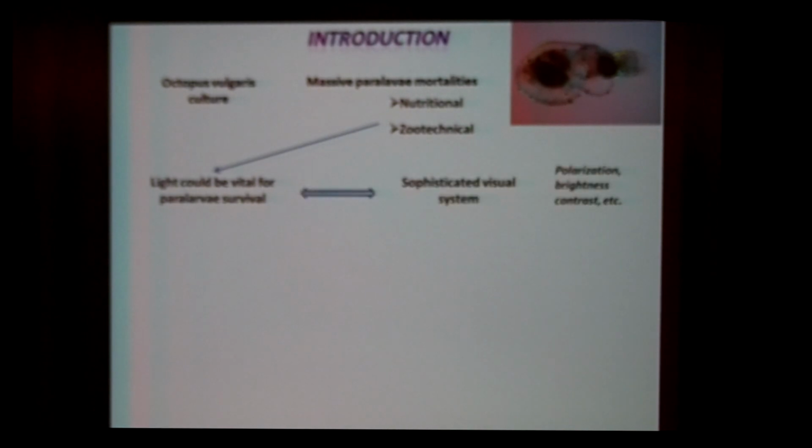In our facilities in Tenerife, in the Canary Islands, we are trying to culture Octopus vulgaris, focusing on the paralarvae stage, and there is massive paralarval mortality during the first 20-30 days, probably due to nutritional or zootechnical problems associated with stress. For this reason, light could be one of the main factors, is our hypothesis.